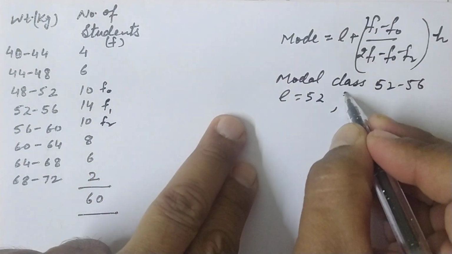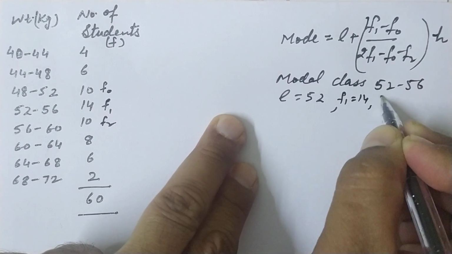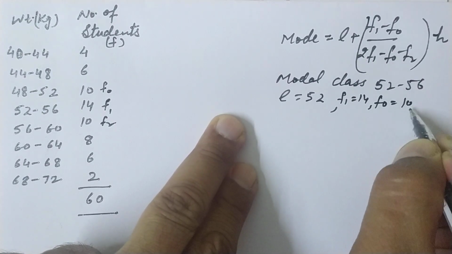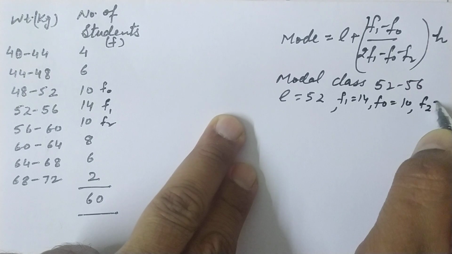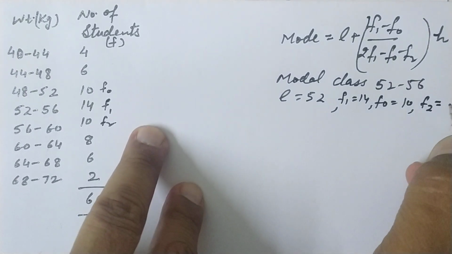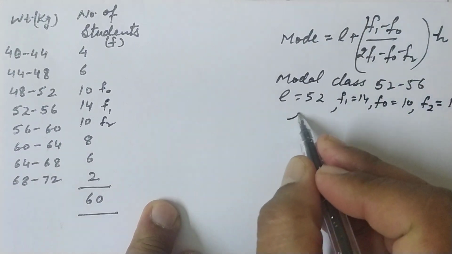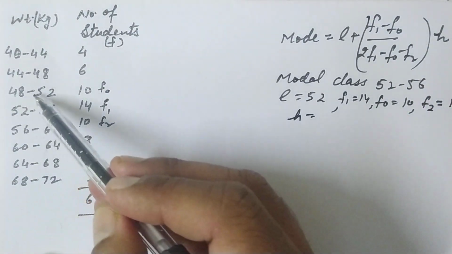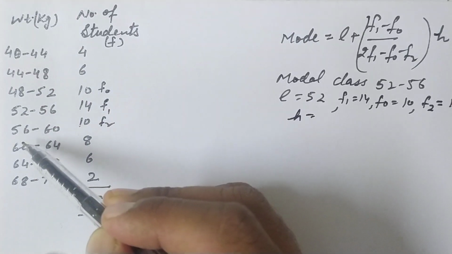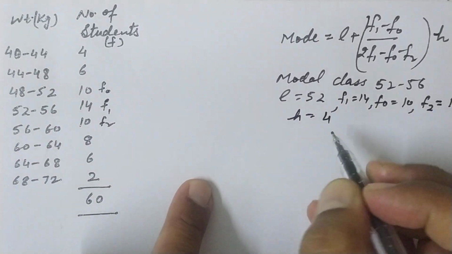So here F1 is 14, F0 is 10, and F2 is also 10. And H is the class size. Here you can see the size of all these class intervals is 4.